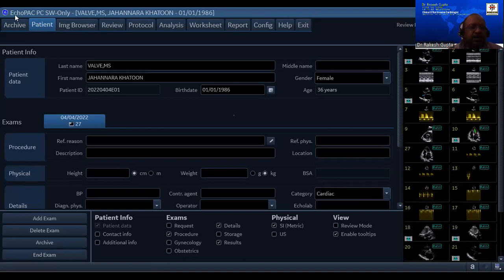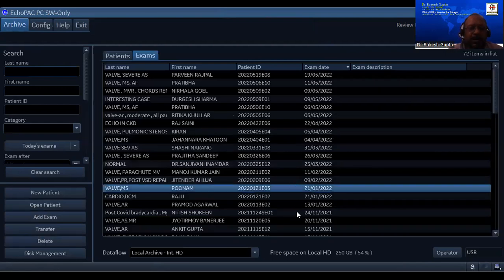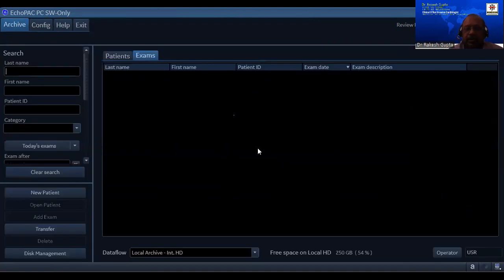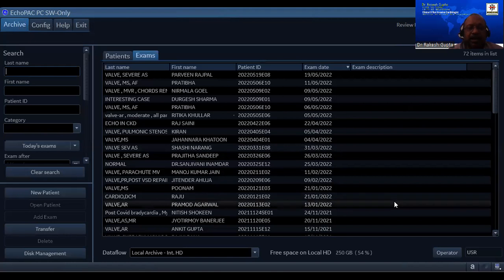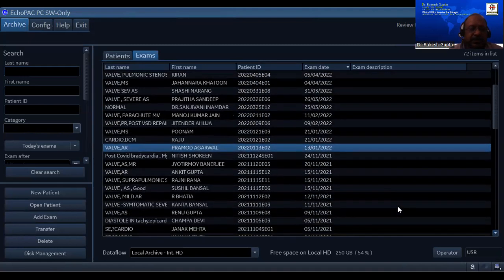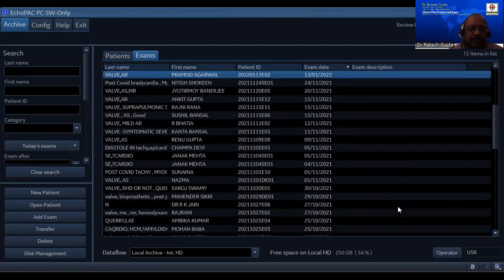I showed you atrial fibrillation. He said, I want to see now a regular mitral stenosis. Correct? Yes, sir. Let me look at it, regular mitral stenosis. Good. I liked it because he is thinking right now, how does it happen? So I should be able to look for a mitral stenosis with NSR, normal sinus rhythm.